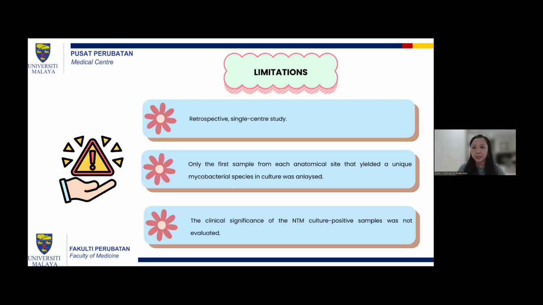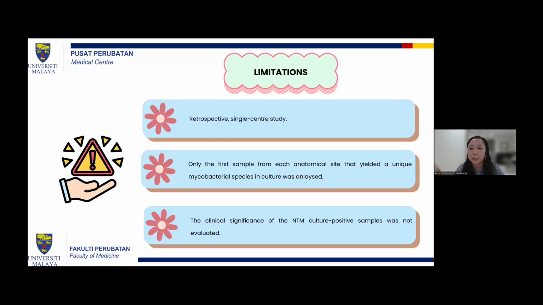Now, third, I briefly mentioned this. We did not evaluate the clinical significance of the NTM culture positive samples because, as I mentioned in my first slide, when we isolate NTM from clinical samples, they usually represent colonization or contamination. So this is something that we have to bear in mind when NTM are isolated from clinical samples. We had the data for this, but we did not analyze it for this study.